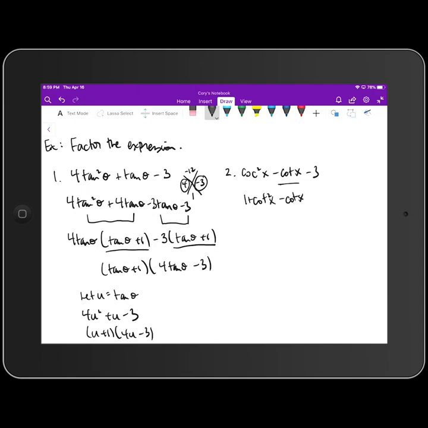So when I replace that cosecant squared with 1 plus cotangent squared, now I have this entire expression written in terms of cotangent only, which is going to enable me to factor the expression. So when I combine the constant terms, we get cotangent squared minus cotangent, and then 1 minus 3 is negative 2. And that's a really easy expression for us to factor. That's going to factor to cotangent of x minus 2 times the cotangent of x plus 1.